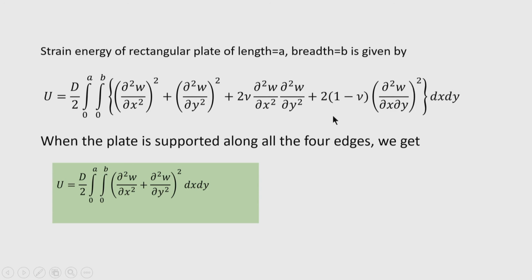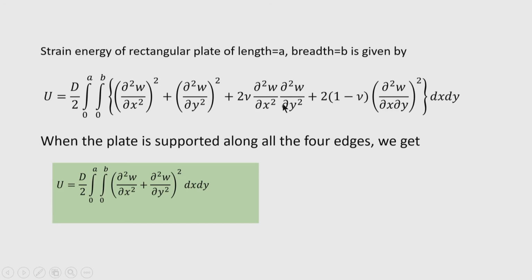Now, for the plate which has all the edges supported, we get a special result that this expression becomes simplified. How does it become so? Because we can now write this expression in a different way by adding a term 2 del square w by del x square into del square w by del y square and subtracting the same term.